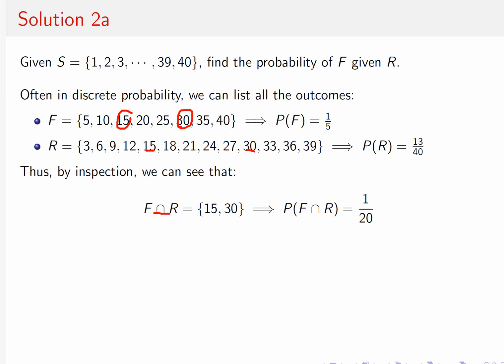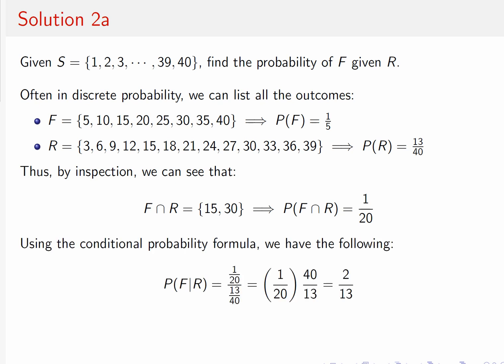No, it's just 15 and 30, so that's 2 over 40, which reduces to 1/20th. This is another reason that it's good, if we can, to just enumerate or list all of the outcomes. It makes figuring out these probabilities quite straightforward.